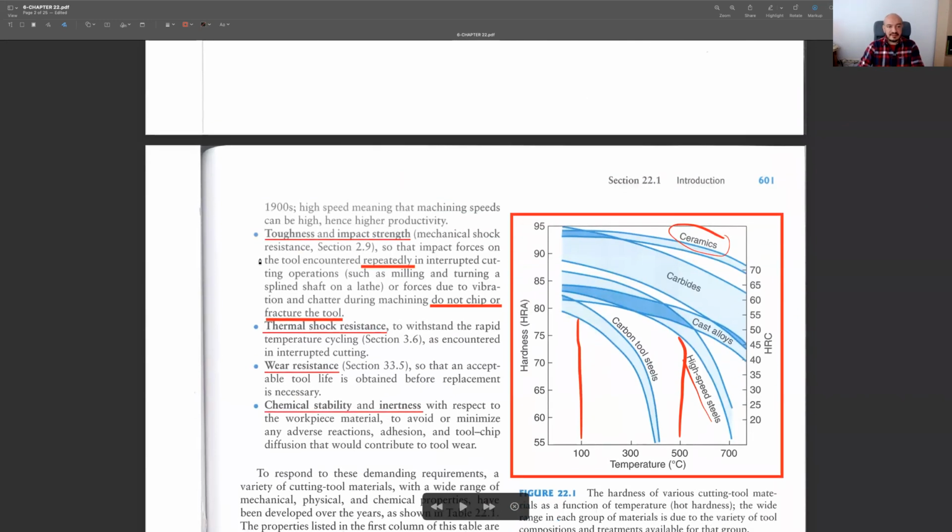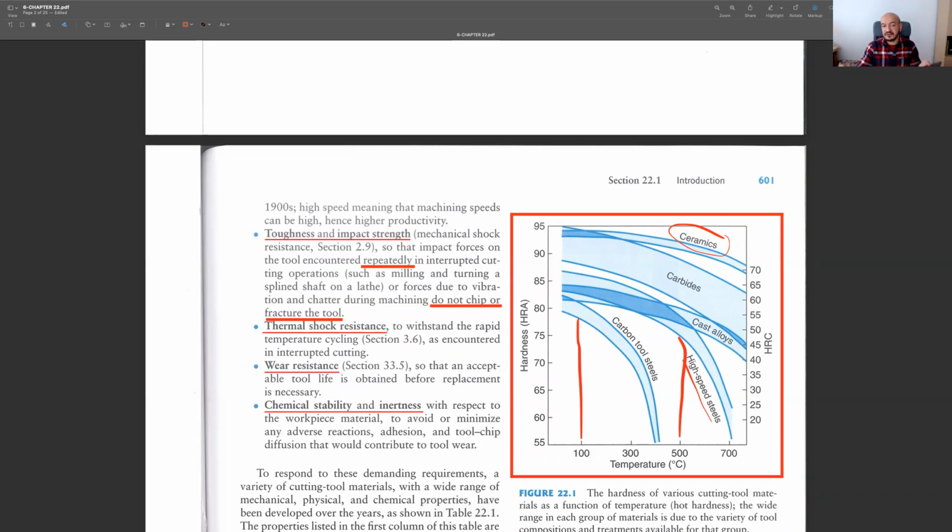Let's discuss the second one in a detailed manner: toughness and impact strength. Why do we need to have good toughness values? Since in the machining process, we may sometimes have interrupted forces, interrupted cutting operations. If that's the case, we will have such forces applied on the cutting tool material.